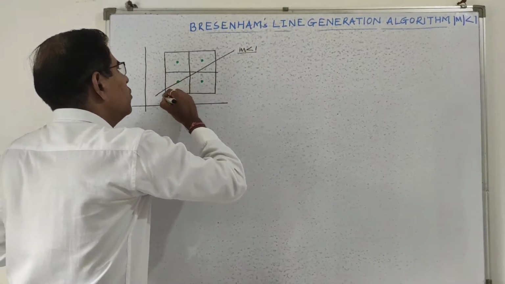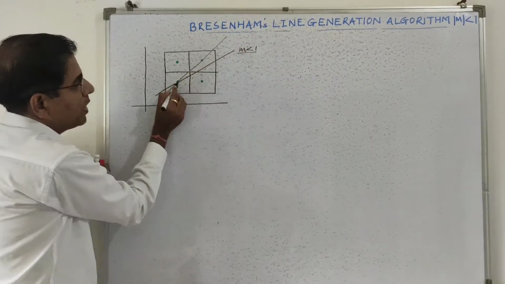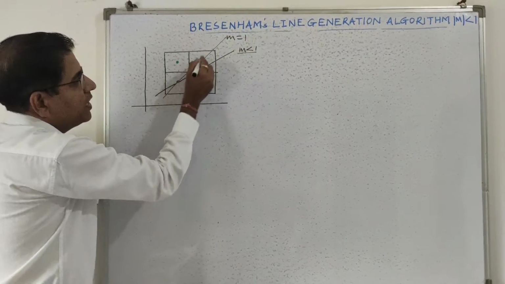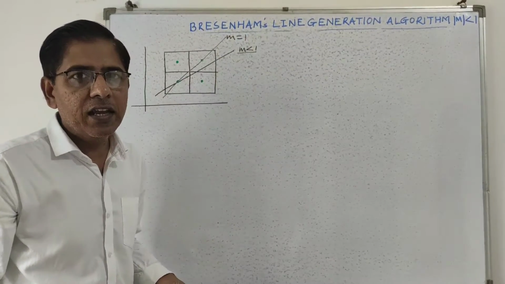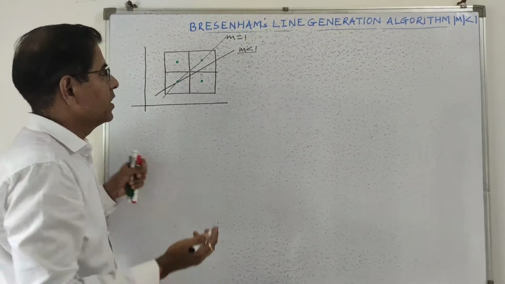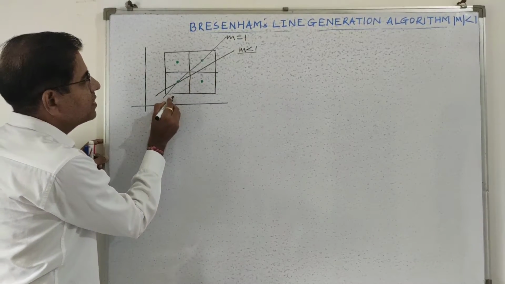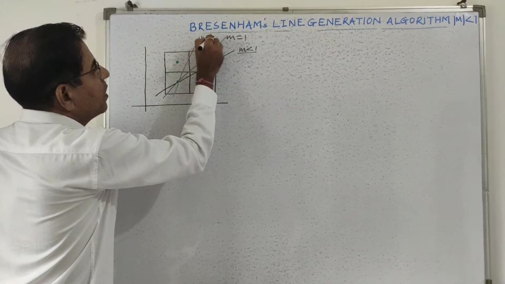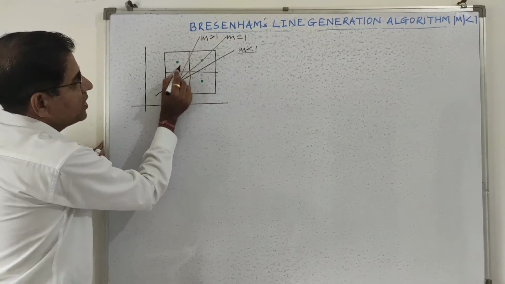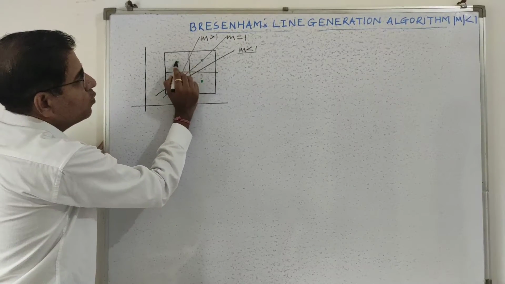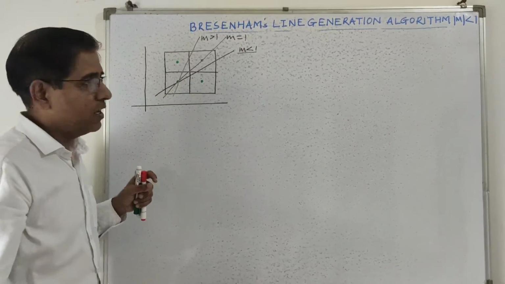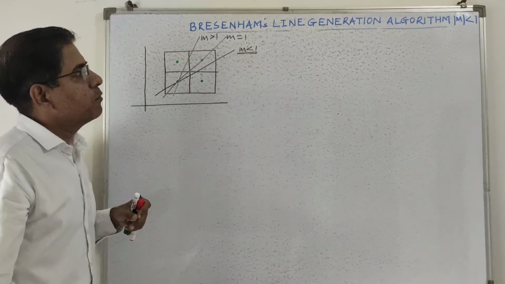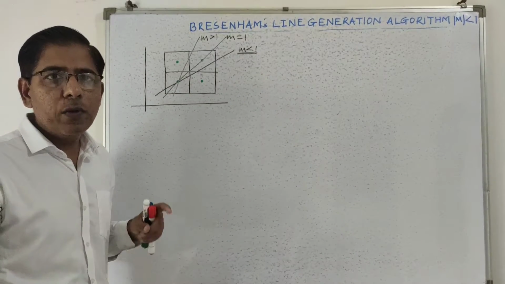If it passes through the diagonal point, that means the slope of the line is equal to 1, because the inclination of line is 45 degrees and tan 45 is 1. Similarly, if the slope of the line is greater than 1, that means this line is passing in between these two horizontal points. So today we'll see Bresenham's line generation algorithm for slope less than 1.